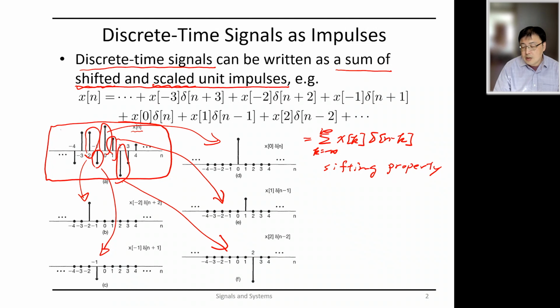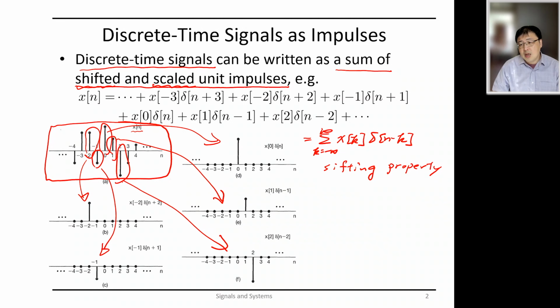The reason this is called a sifting property is because if you multiply the sequence x with the unit impulse shifted to time n, then you're basically sifting out the value of the sequence at time n. So this is why this is called the sifting property.